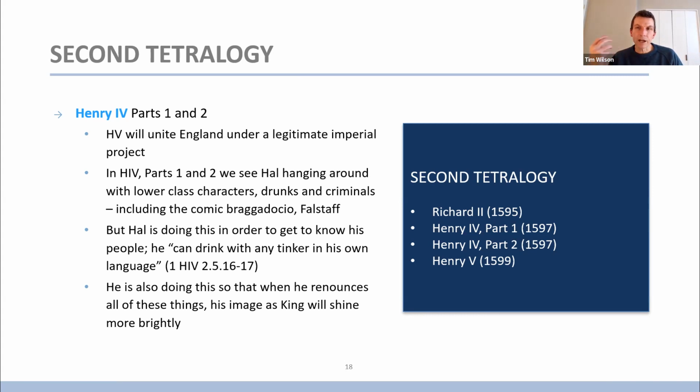Remember, Agamemnon did not know the people, did not know the tenor and the mood of the people. Henry V knows his people, knows them well. He can drink with any tinker in his own language. He's also doing this so that when he renounces all of these things, his image as a king will shine more brightly. And we see this in the first scene.